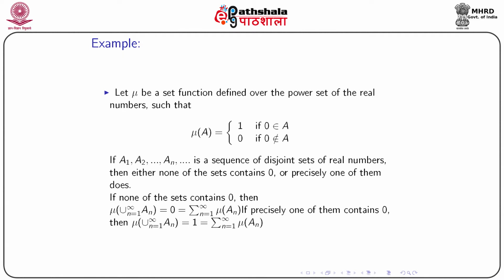Now, there is a question: if a set function is sigma additive, can it be additive also? Well, the answer is trivially true, because whenever we are considering sigma additivity, we are taking countable unions. So, if any result is true for a countable number of unions, it will be true for finite unions too.